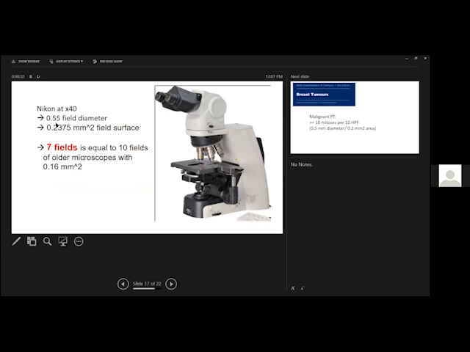Compared to the one used in that 1978 paper, our field of surface is much bigger, and the field diameter is much bigger. So if we compare our current microscope to those used in 1978, basically we have to use 7 high power fields instead of 10.